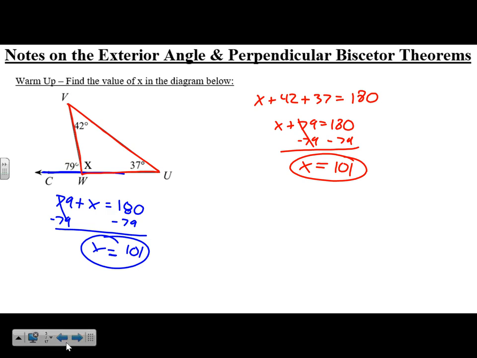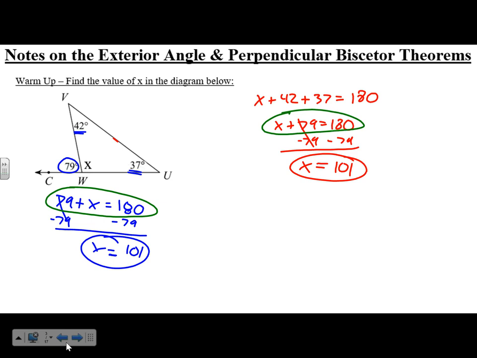we could have found this one, or one thing you'll notice is that this 79 is the same thing as 42 plus 37. And it makes sense if you look at this, because the way we solved it up here, we ended up with x plus 79 is equal to 180. Same thing over here, we ended up with 79 plus x is equal to 180.